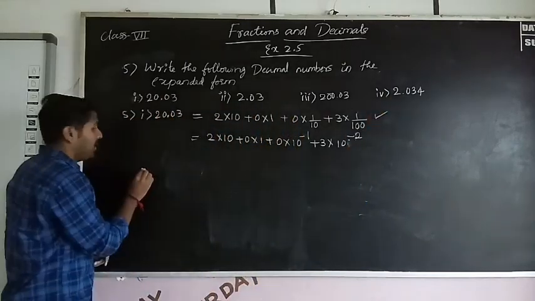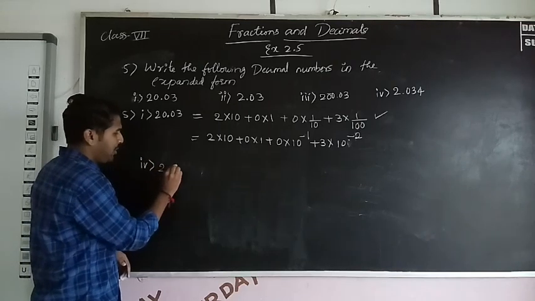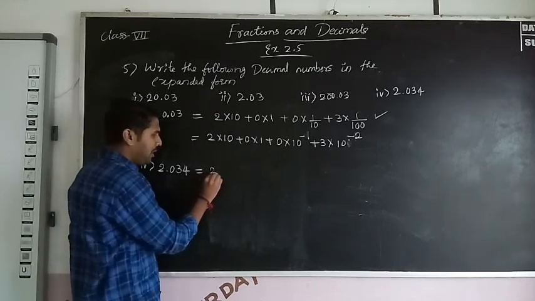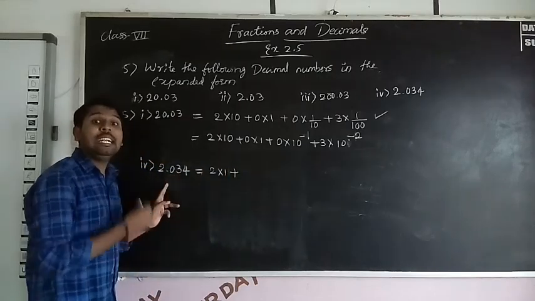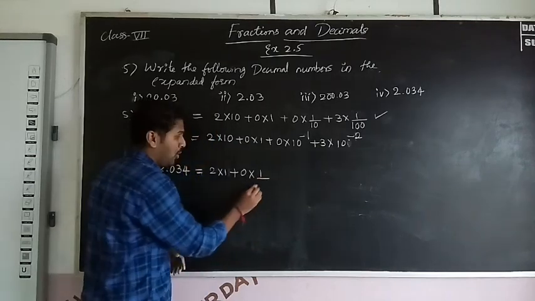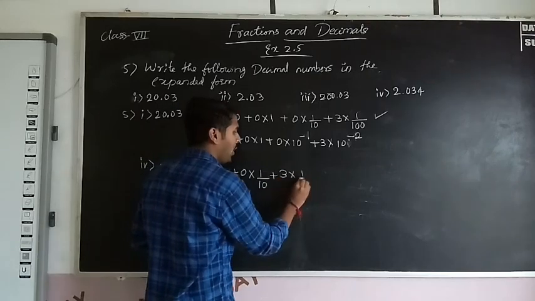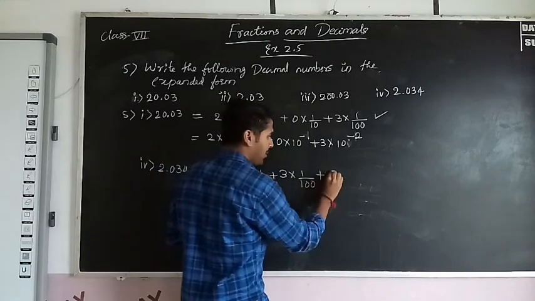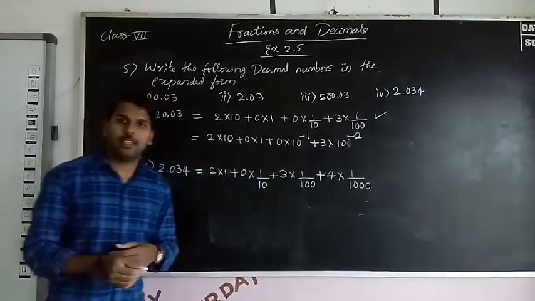So next I will take the fourth one, 2.034. So 2 is in the ones place, so 2 into 1 plus 0 in the 1 by 10 place, so 0 into 1 by 10. Next 3 into 1 by 100 plus 4 into 1 by 1000, the 1 by 1000 place.